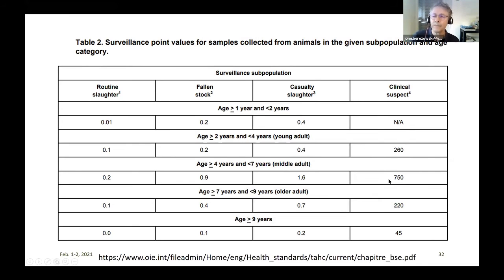So each country had to get the right number of points, and it was most advantageous for you to develop surveillance in your own country to get these points as cheaply as you possibly could. So you'd focus on clinical suspect, casualty slaughter, fallen stock, and less on routine slaughter. So that's how that risk-based surveillance system was implemented.